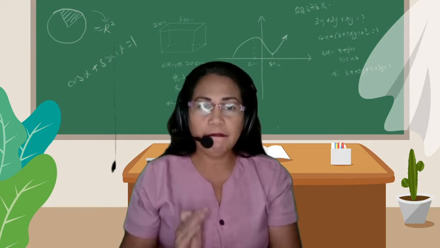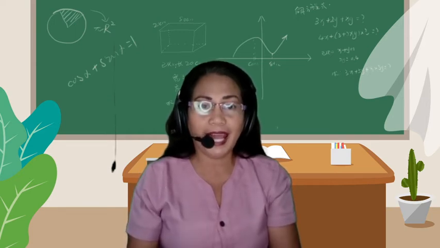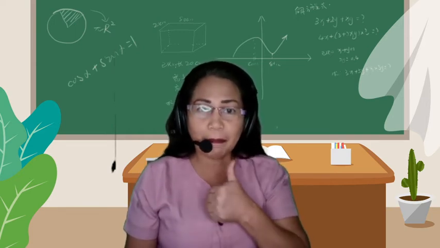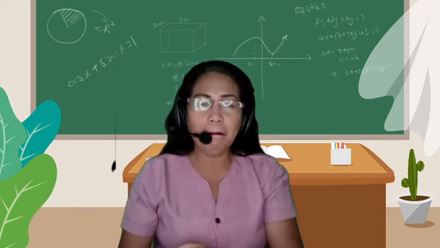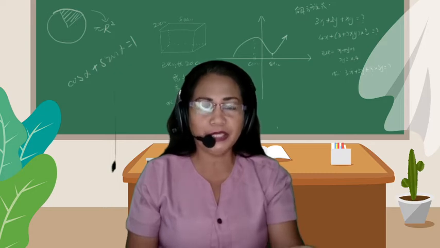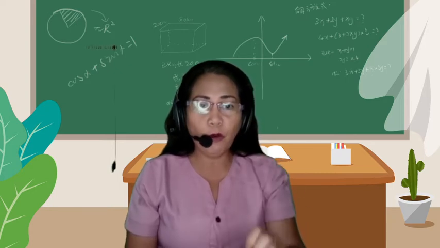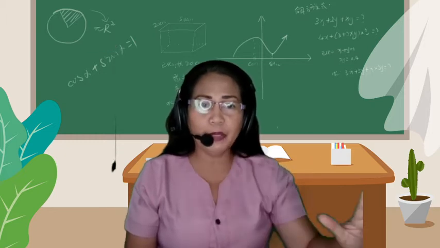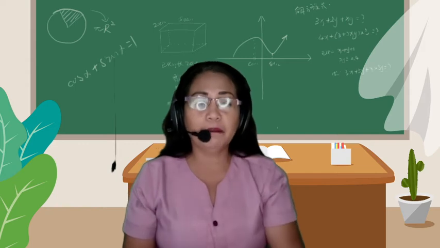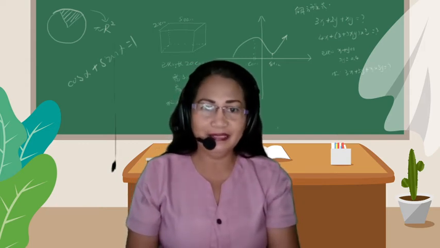If it is 5, 6, 7, 8, and 9, round up. Add 1 to the number to be rounded. But if the number to the right is 4, 3, 2, 1, and 0, round down. Drop the number and retain the number to be rounded.